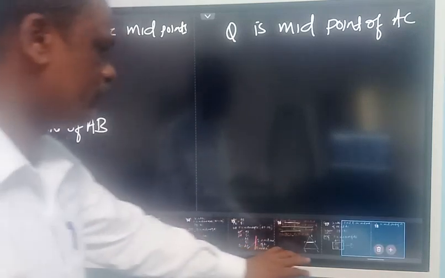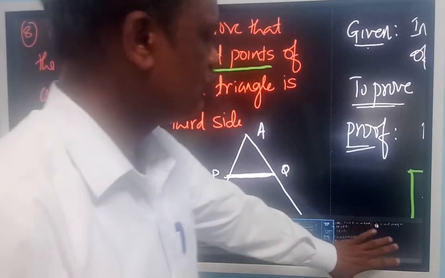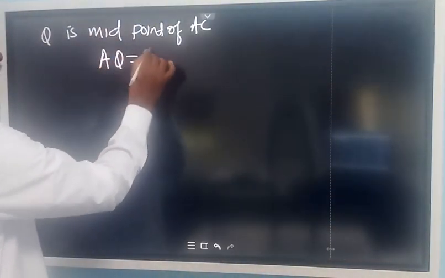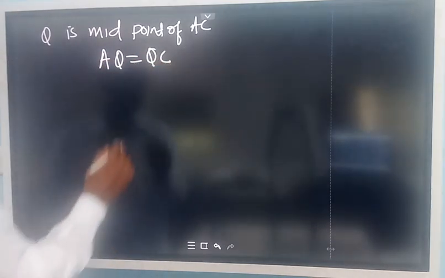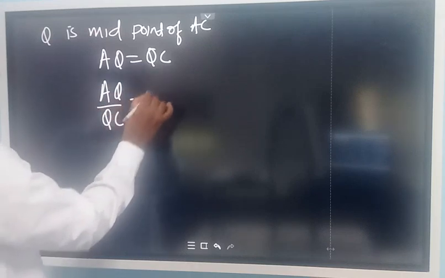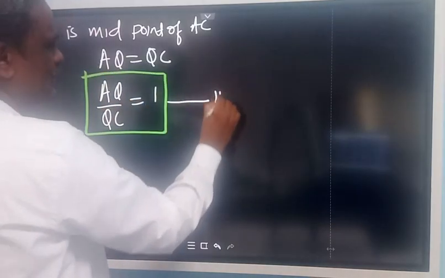So what can you write? AQ is equal to QC. Same thing you will write here. Transfer to the denominator. AQ by QC will be equal to 1. You call this as second equation.